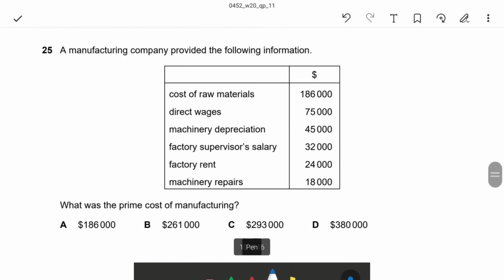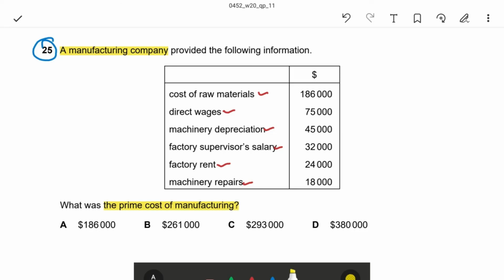Next, question number 25. A manufacturing company provided the following information: cost of raw material, direct wages, depreciation, salary, rent, repair. The question is, what was the prime cost of manufacturing?